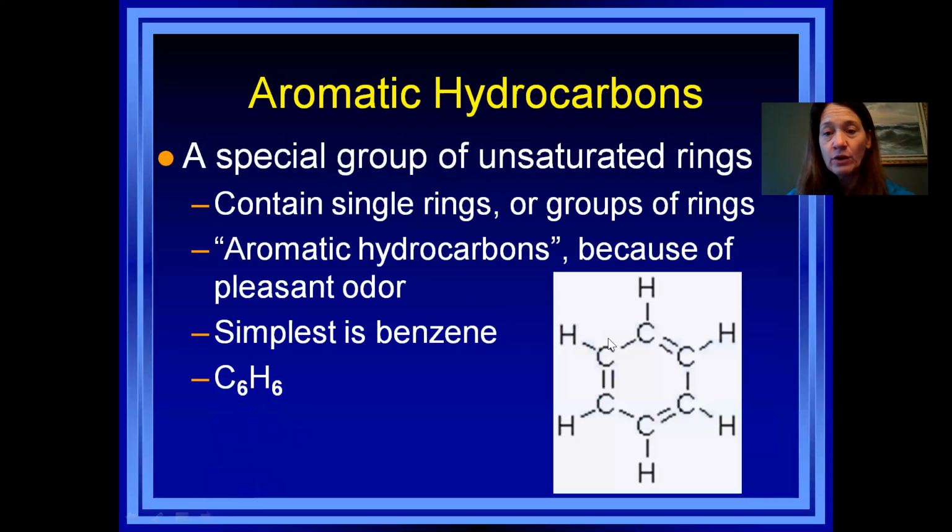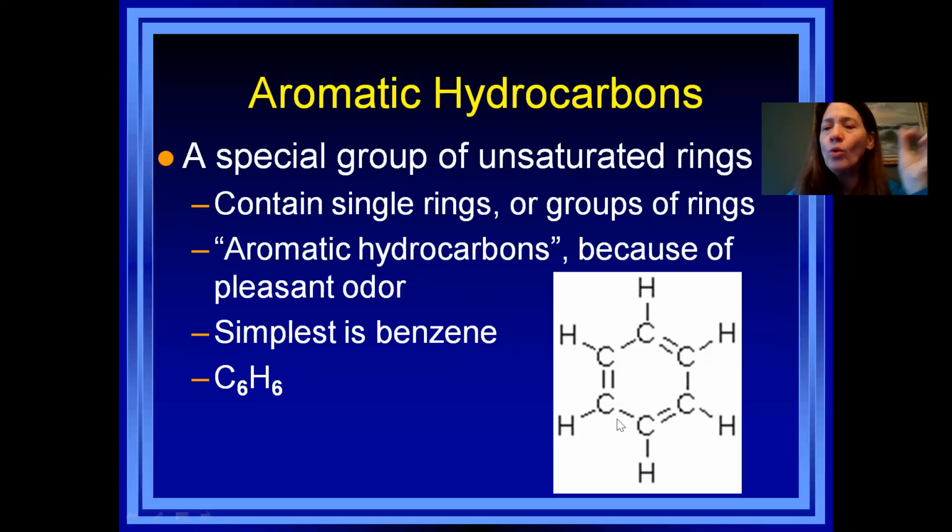Cyclo because the carbons are in a ring. But what's different is it is an alkene. How do we know? It has double bonds. And what's peculiar about this is there is a double bond at every other carbon bond. So here we have a carbon to carbon double bond, and the next one is a single bond. Next one is a double bond, the next one is a single bond.